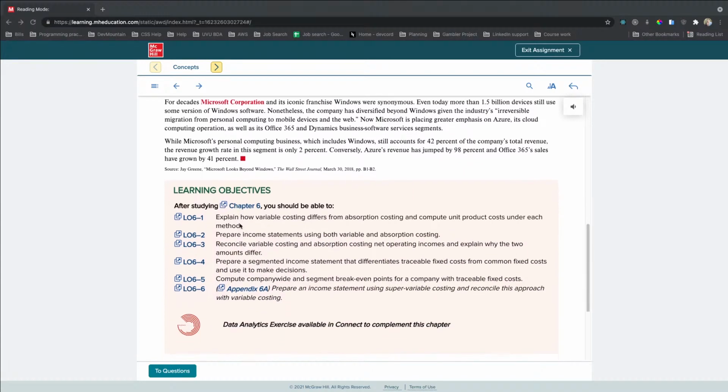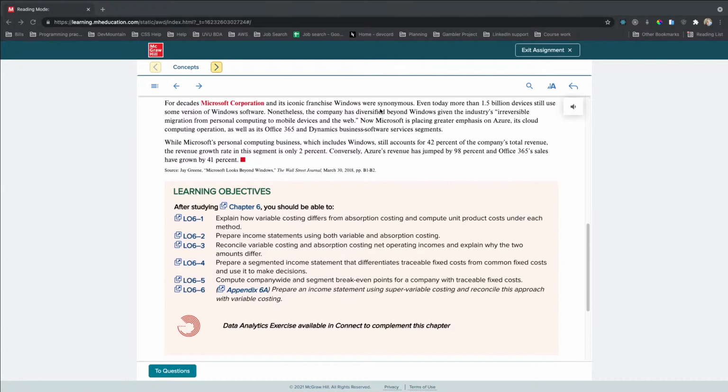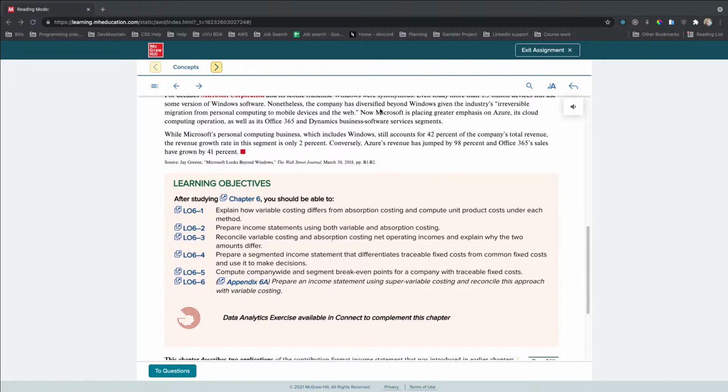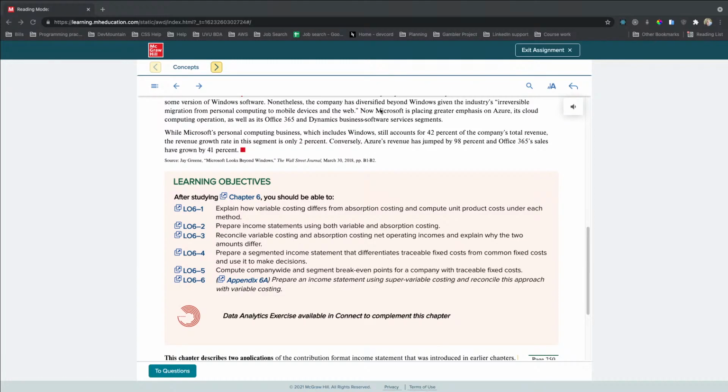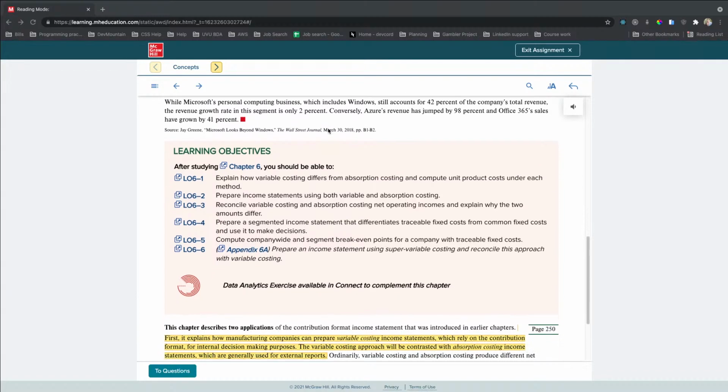For decades, Microsoft Corporation and its iconic franchise Windows were synonymous. Even today, 1.5 billion devices still use some version of Windows software. Nonetheless, the company has diversified beyond Windows, given the industry's irreversible migration from personal computing to mobile devices and the web, placing greater emphasis on Azure, its cloud computing operation, as well as Office 365 and dynamic business software services segments.